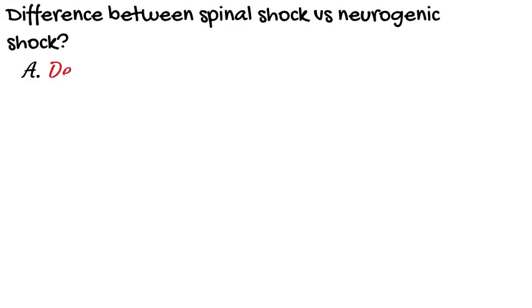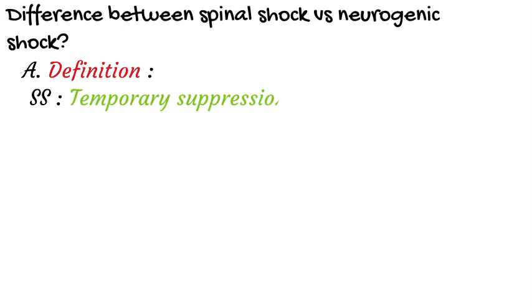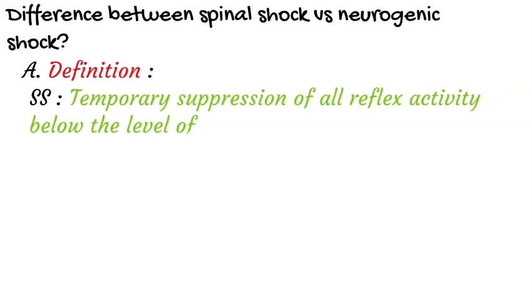What are the differences between spinal shock versus neurogenic shock? A. The definition itself. Spinal shock is a temporary suppression of all reflex activity below the level of injury.